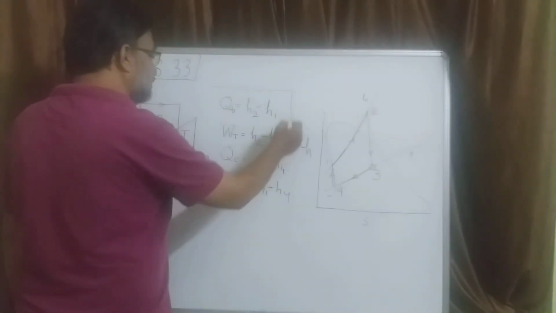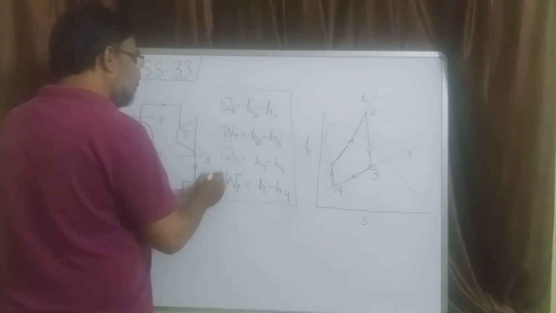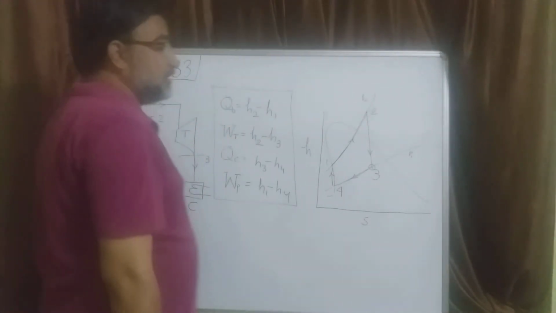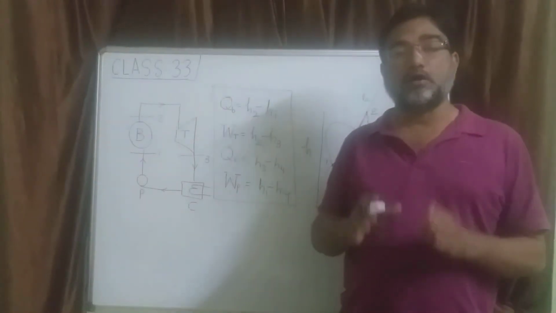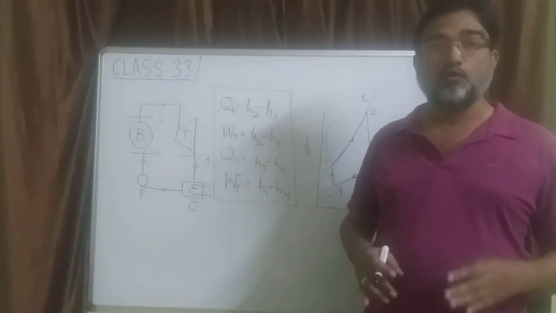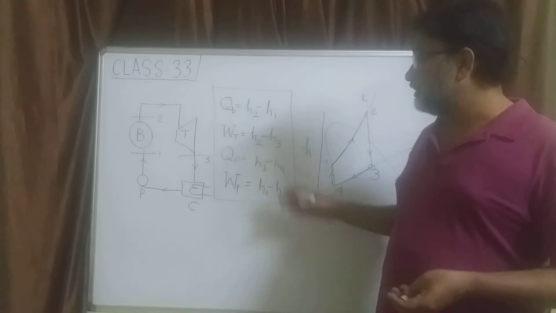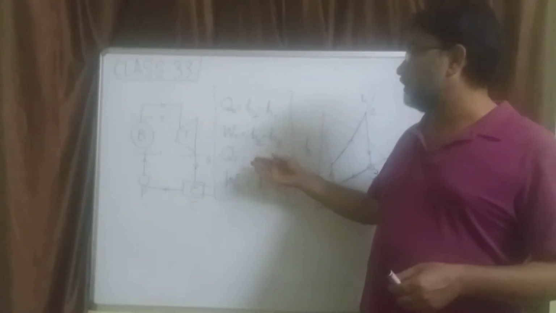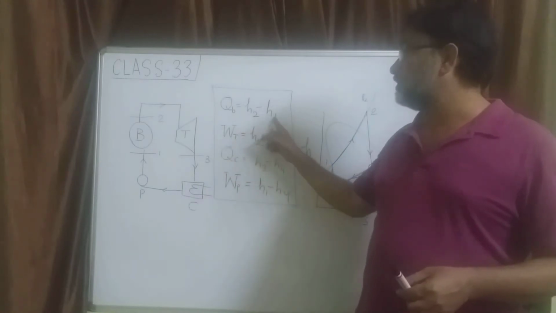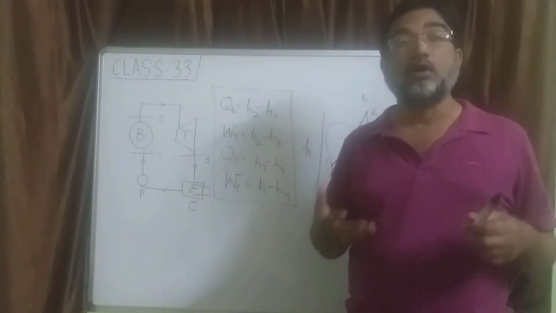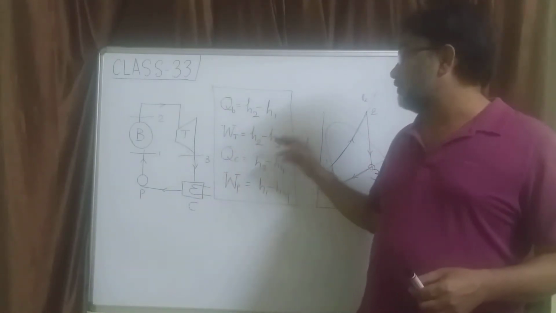So from this you can find out anything that you are asked. If you can find out the enthalpy values at points 1, 2, 3 and 4, then all other things can be calculated. Like if I ask you what is the amount of heat required in the boiler, H2 minus H1. What is the amount of work done by the turbine, H2 minus H3.